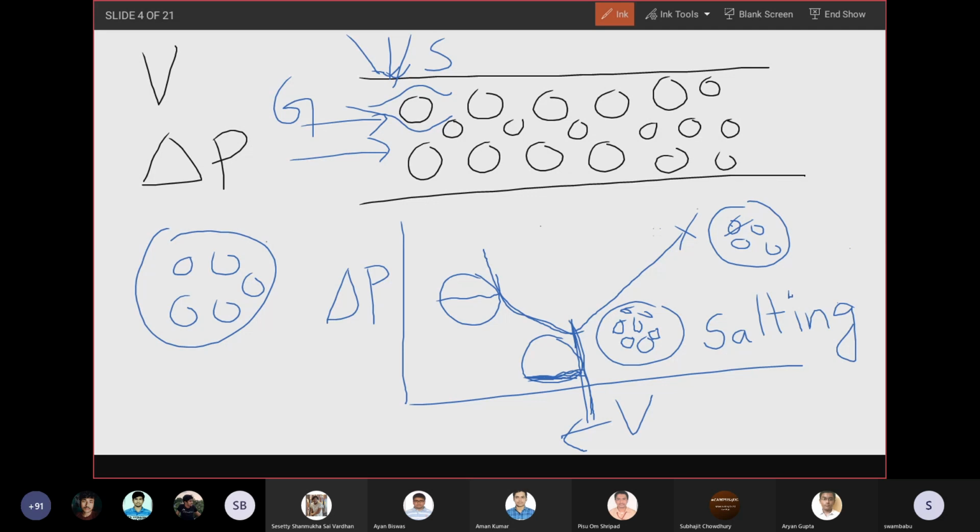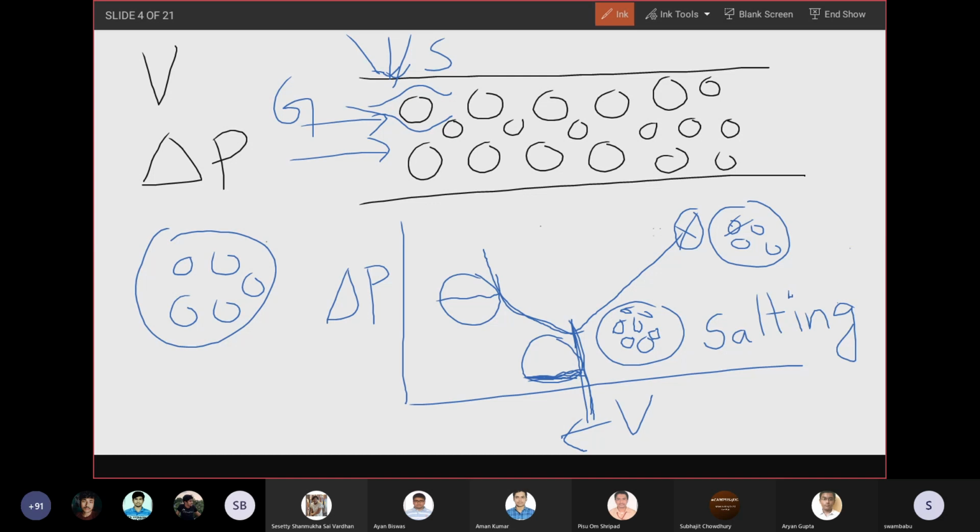At this point, all the particles are uniformly dispersed because of the high air velocities. As you reduce the velocity of air, the particles come close and attain less dispersion. But at some point, the velocity is so low that the particles tend to settle down. That state is called the salting state, salting velocity.